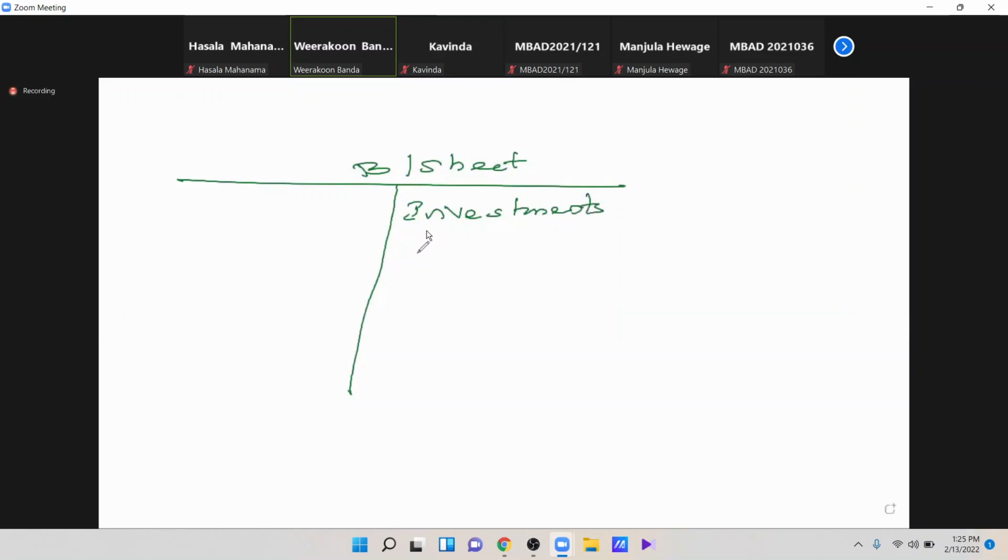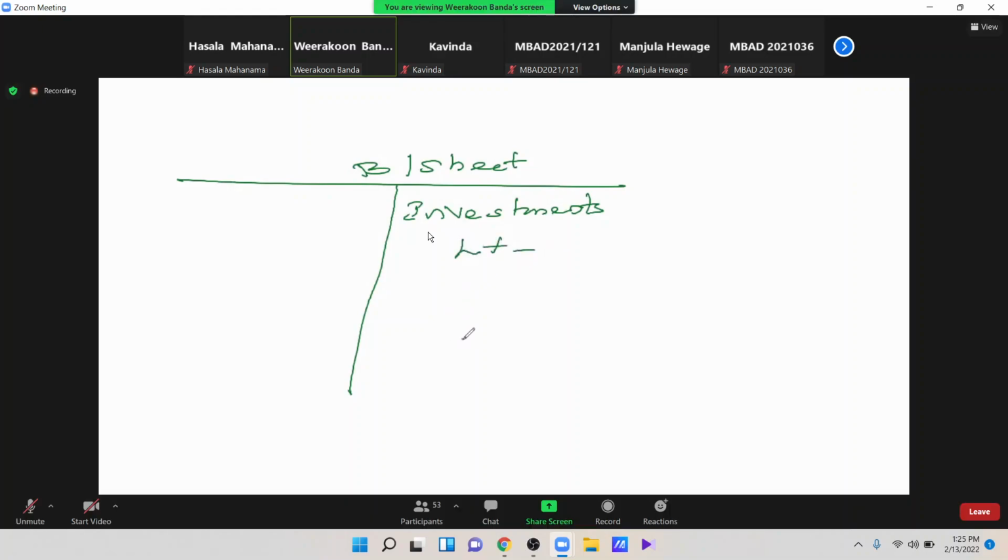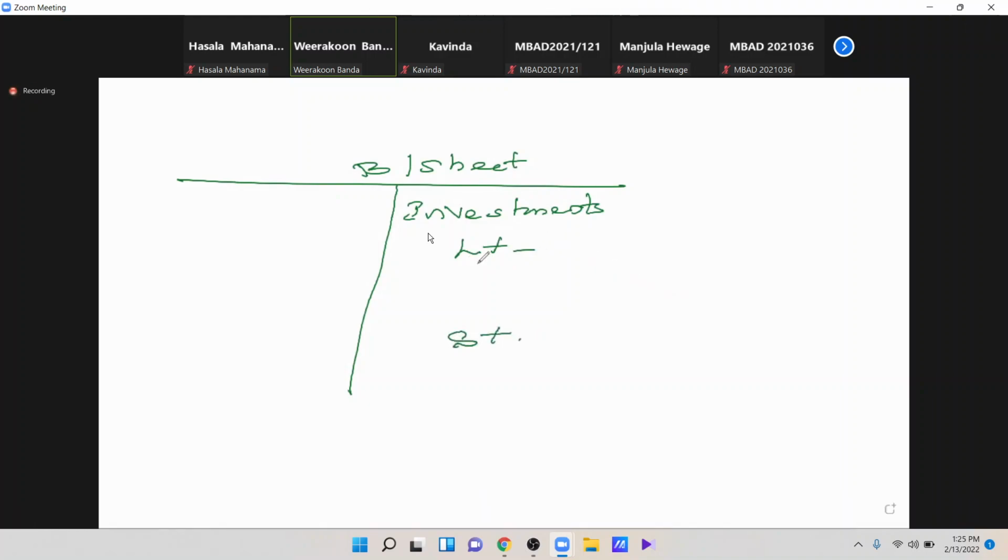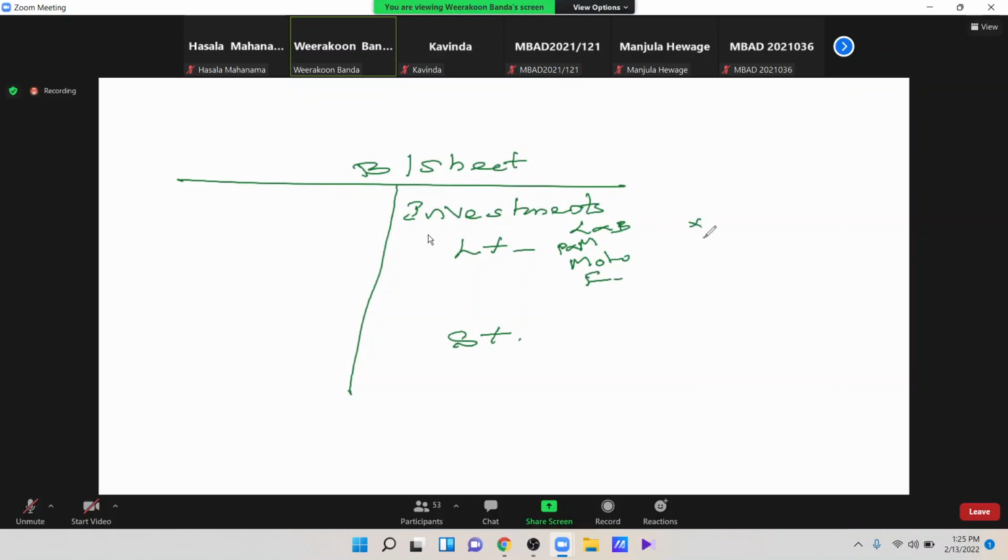Investment means two kinds here. One is long-term investment, the other one is short-term investment. Long-term investment means land and buildings, plant and machinery, motor vehicles, and furniture. Likewise, there are different kinds of investment here.